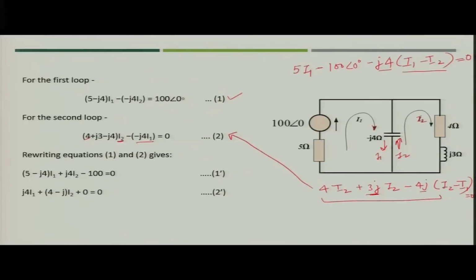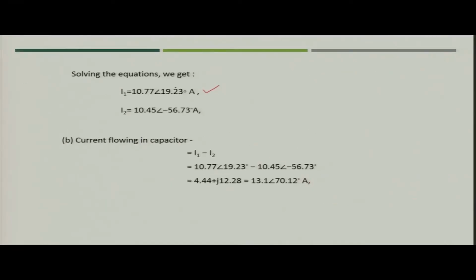Now, here you can see that the result would come in the form of rectangular coordinates, where you will have real component as well as imaginary component. So, using your previous knowledge of phasor calculation, you can find out the value of these currents in terms of phasors also.